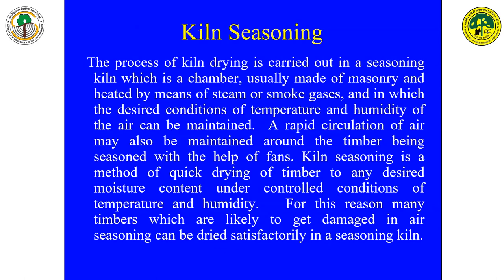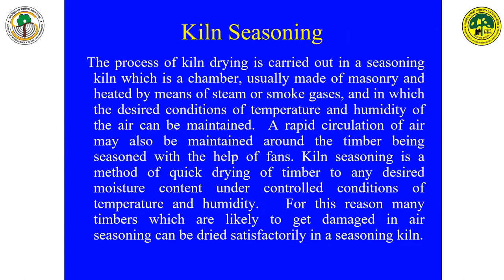What we achieve in air seasoning in 4 to 8 months, we can achieve here in hardly 20 to 25 days. And the quality of the seasoned material will be very uniform inside the kiln as compared to natural air drying.